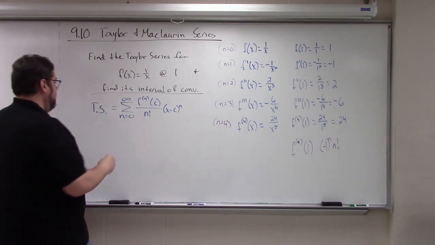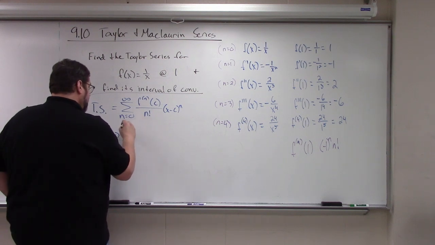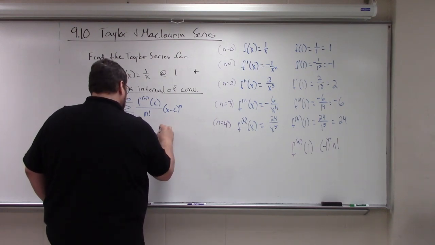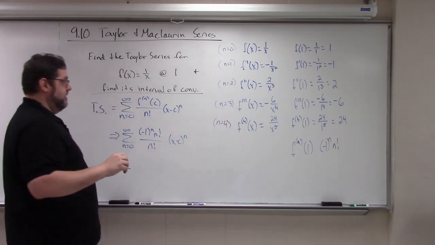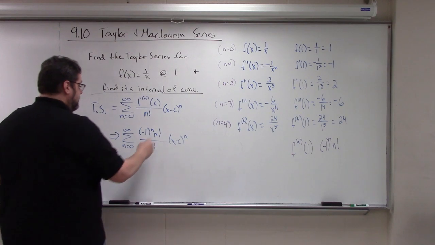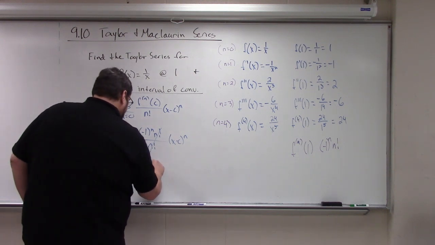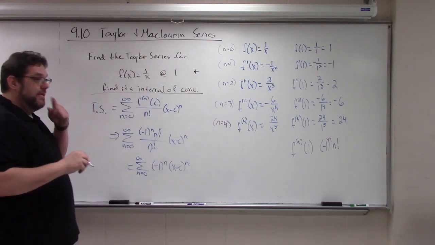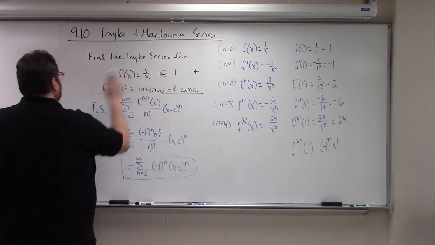In our case, it's going to be the sum from 0 to infinity of negative 1 to the n times n factorial over n factorial, x minus c to the n. And what's going to happen? Those n factorials are going to divide out. So really, the Taylor series is the sum from 0 to infinity of negative 1 to the n, x minus c to the n. And that is the Taylor series for f of x equals 1 over x.